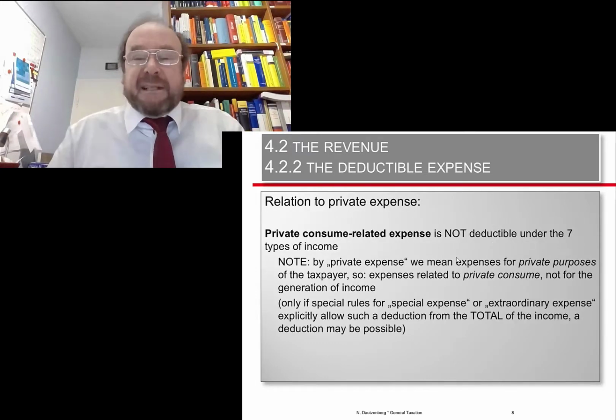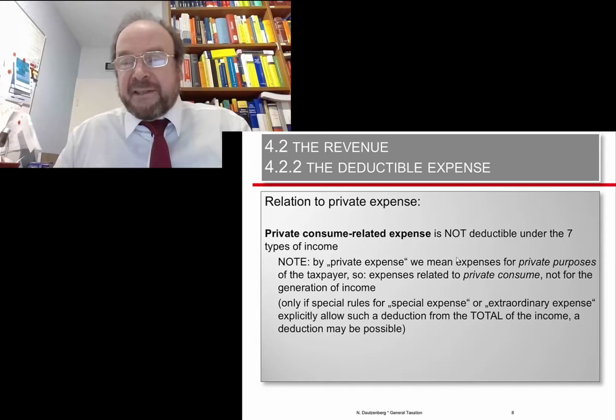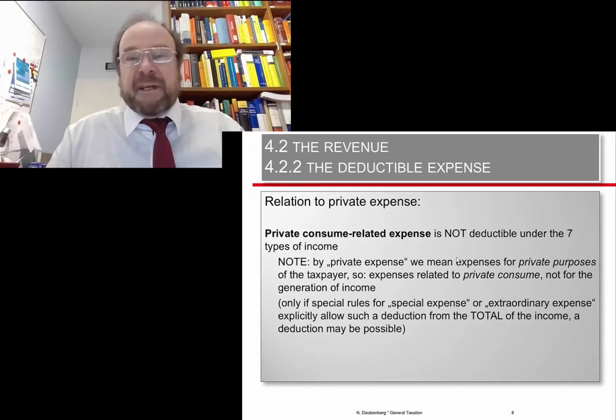Now, let's analyze this definition a bit more closely. Private consumer-related expense is not deductible under all the 7 types of income. We very often abbreviate this to the expression private expense. That does not mean that the focus is on a private person paying money or paying that expense from private funds.